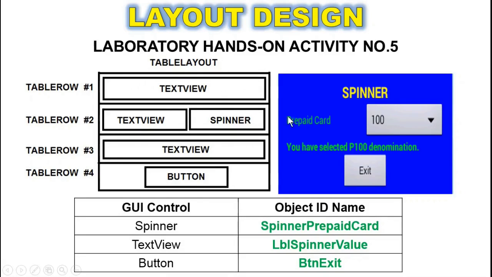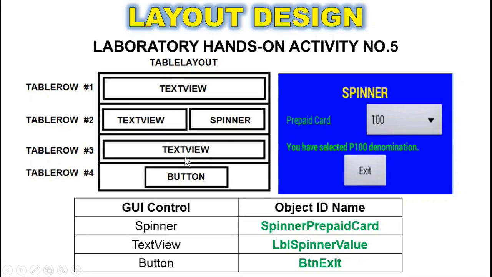The first table row contains a text view that displays the title of the application, which is Spinner. The second table row contains the text view and the spinner, with this label and then the spinner. The user will select a prepaid card denomination value.